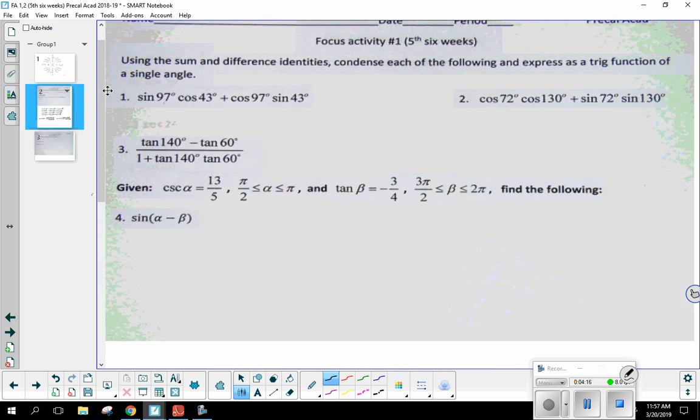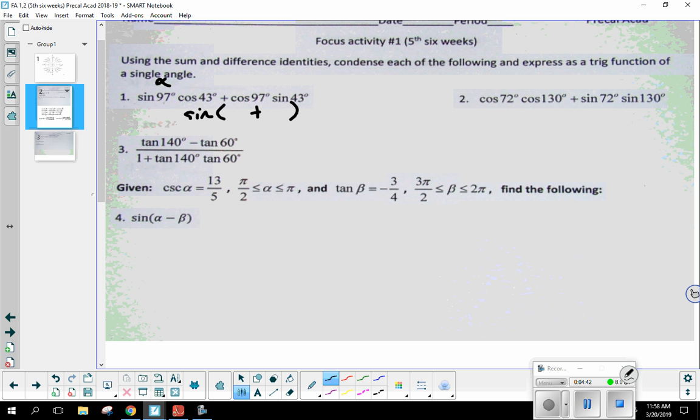So let's see here. This one's already been expanded for me. It says using the sum and difference identities, condense each of the following as a single trig function. Now this one here, it goes sine, cosine, cosine, sine. Is that based on sine or cosine's pattern? What's that, Angel? Sine, yeah, you're alternating the product, so it's got to be sine, and I know that we're adding, right?